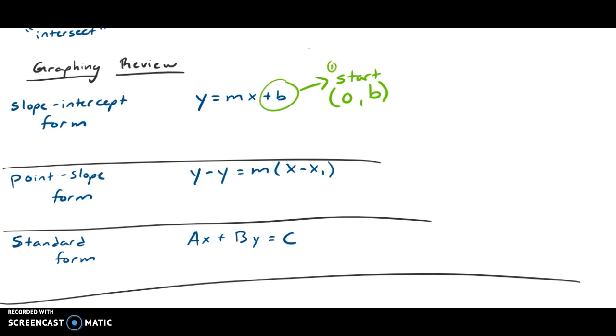So that's first. Then, use your m. That tells you how many to move, which is rise, up or down, and run, which is to the right.